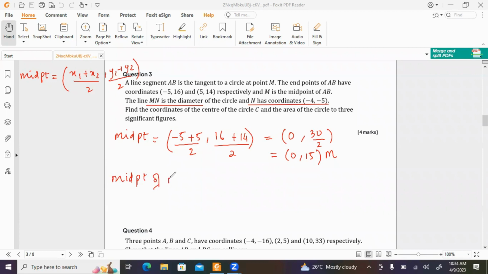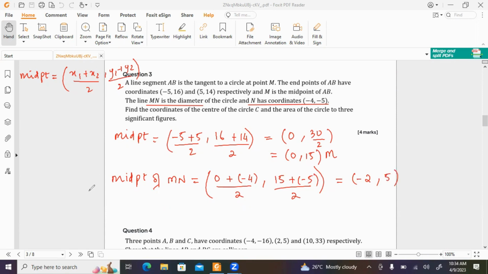Midpoint of MN. So that's going to be (0 + -4) over 2 and (15 + -5) over 2, which would be -2 and 5.